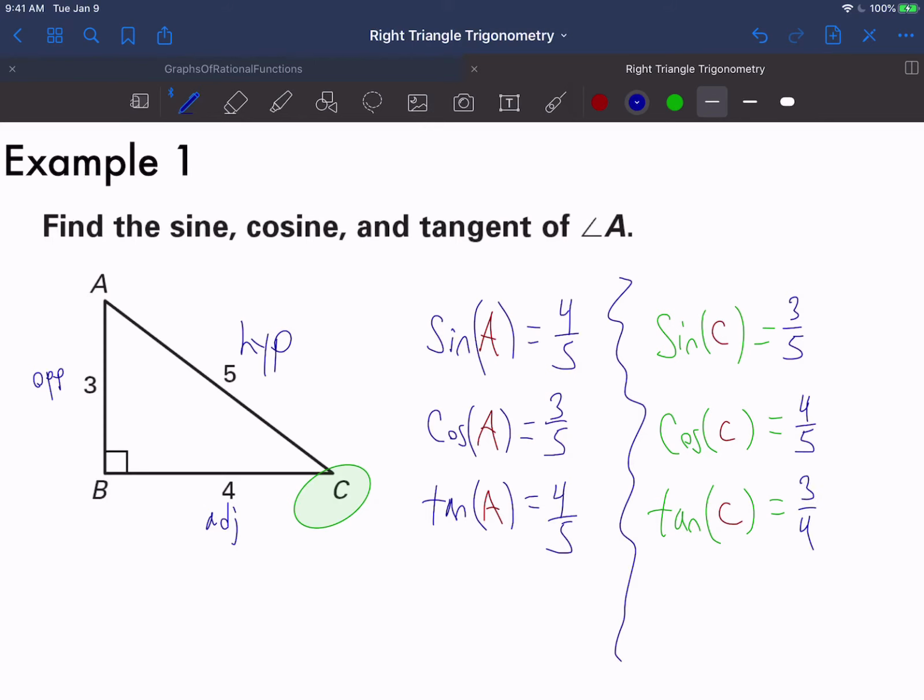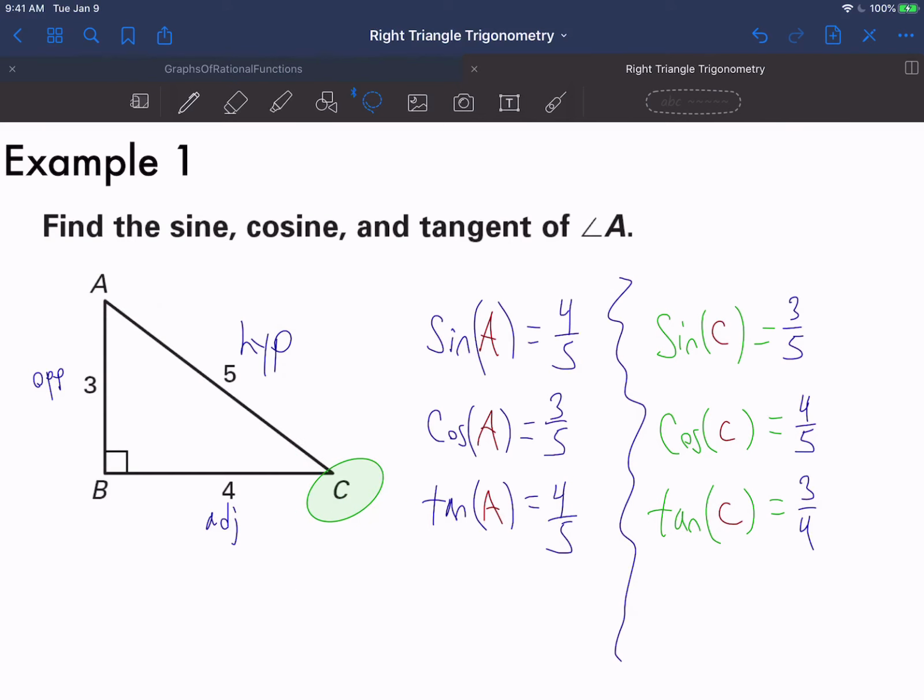Okay, so it all depends on the angle, that establishes what I would call your vantage point. So that's from where you're standing. Sometimes I say I'm setting up camp at that angle. So it's either going to be angle C or angle A, because those are the acute angles in this diagram.